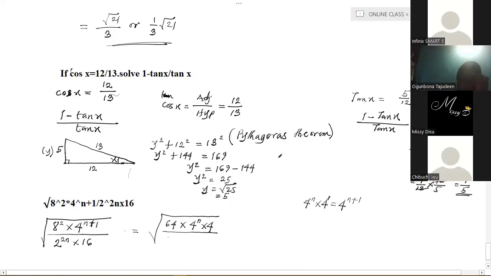Here we have 2 raised to power 2n, which is 4 raised to power n times 16. 4 raised to power n, 4 raised to power n cancel. 4 here, 1, 4 here 16. We are left with root 16, and the final answer is 4. Is that clear? Yes.